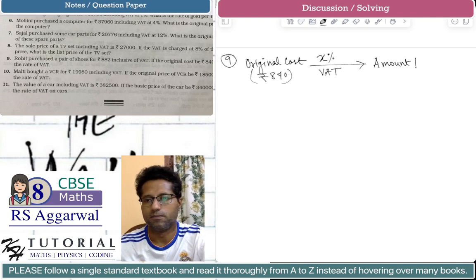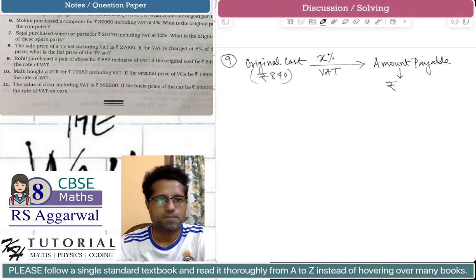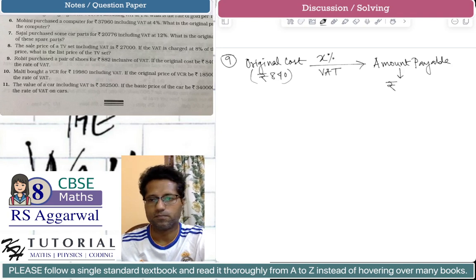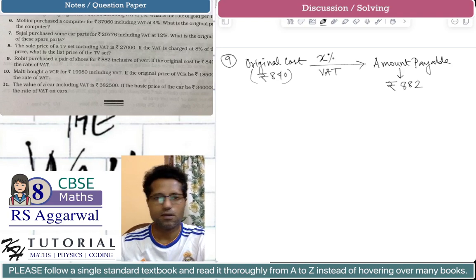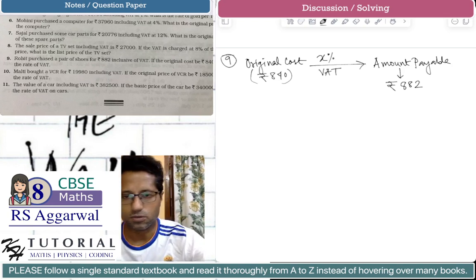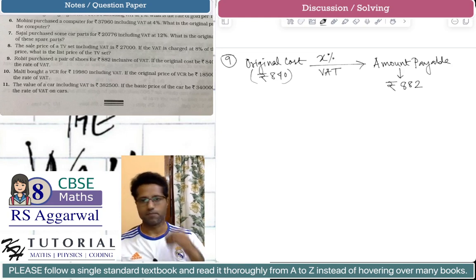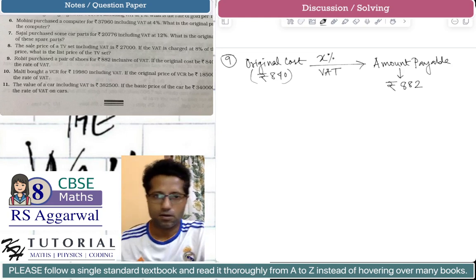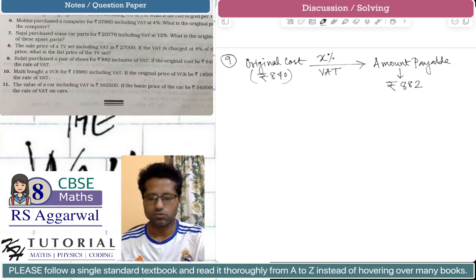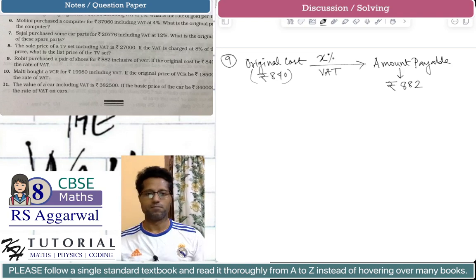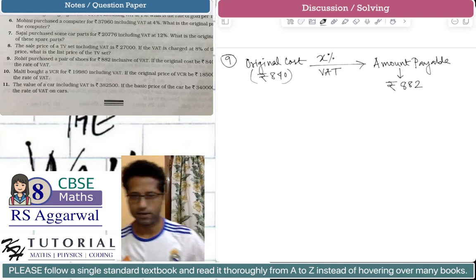So amount payable is given to be, Rohit purchased a pair of shoes for rupees 882. So the article is a pair of shoes and the customer is Rohit. And so we are assuming that the VAT percent is X%. So after paying X% VAT on the original cost of the shoes, which is rupees 840, Rohit is paying rupees 882. So we have to find X.